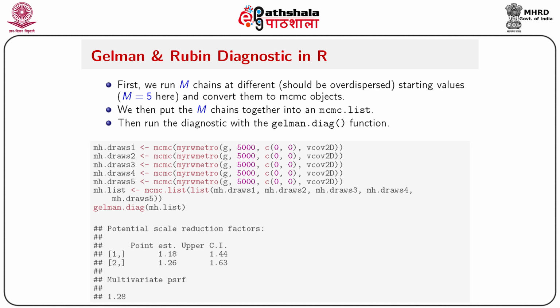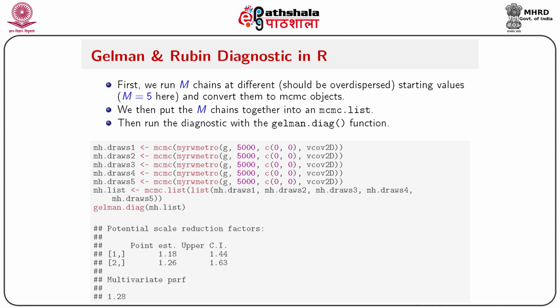First we run m chains at different starting values, say m equals 5 here, and convert them to MCMC objects. We then put the m chains together into an MCMC list and run the diagnostics with the gelman.diag function.